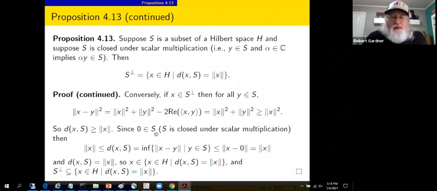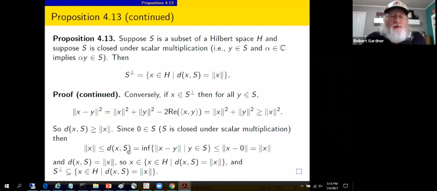But we know the 0 vector is in S. So when we take this infimum, the infimum must be less than or equal to whatever we get by choosing a particular y in S. Well, let's choose the 0 vector. That produces the norm of x minus 0, which is simply the norm of x.